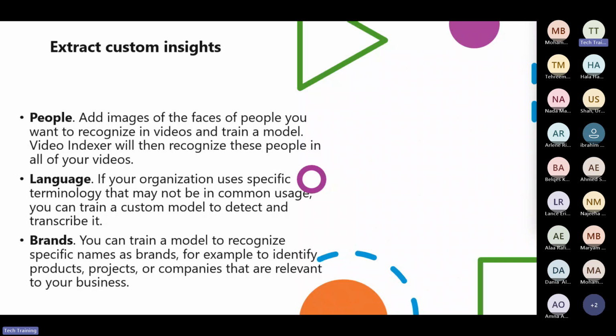As you can see, what we have talked about can extract custom insights, people: add images of the faces of the people you want to recognize in videos, and train the model. So now we're talking about customizing.